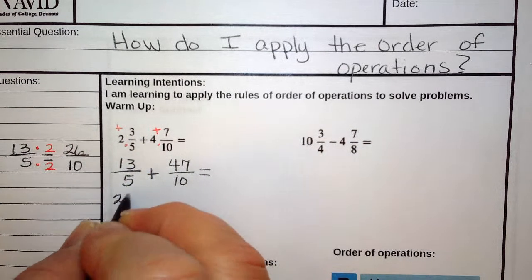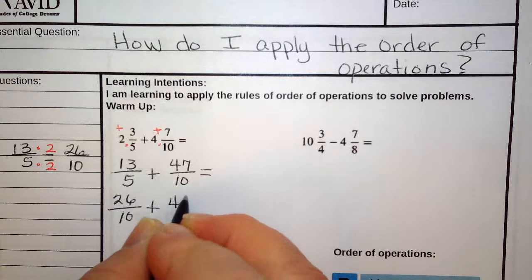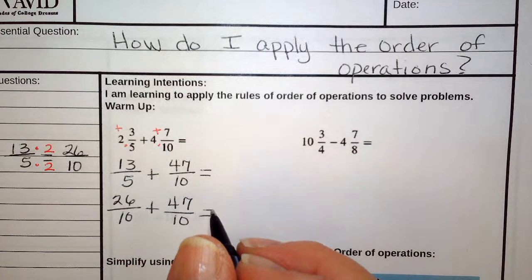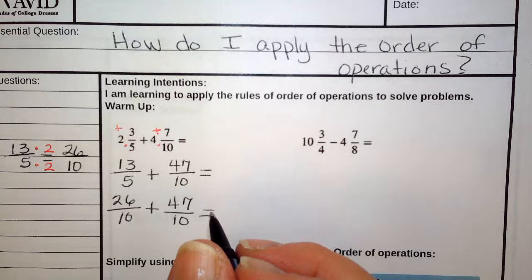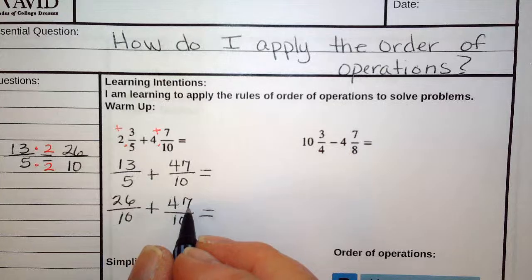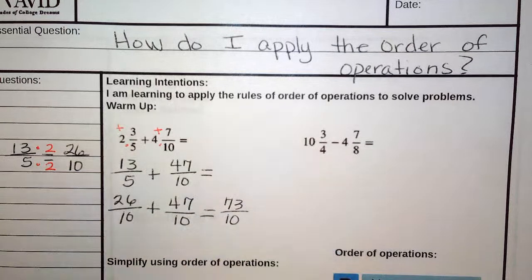So 26 over 10 plus 47 over 10 is equal to, so 26 plus 47, if it was 25 and 45, it would be 70, but I've got 3 more, so it's 73 over 10.